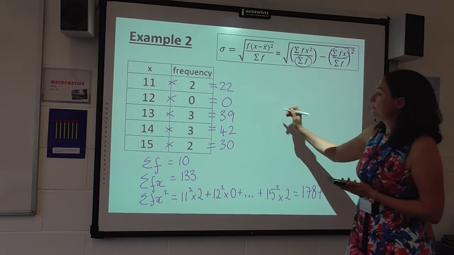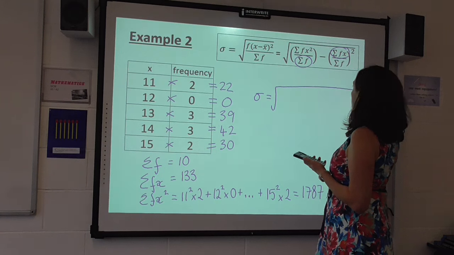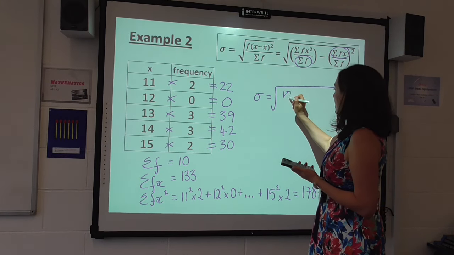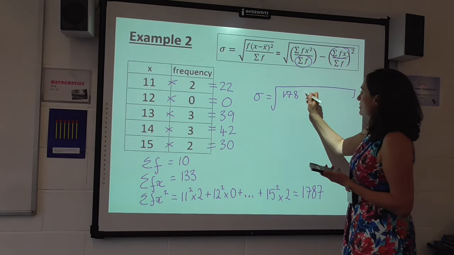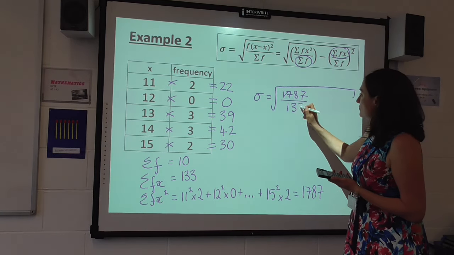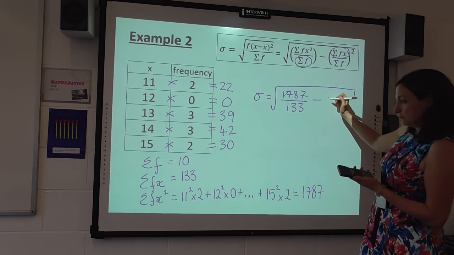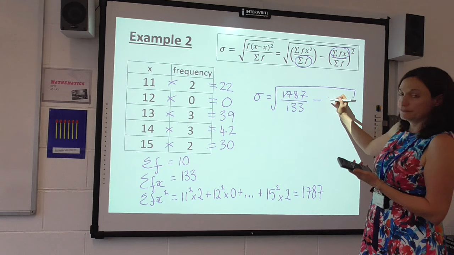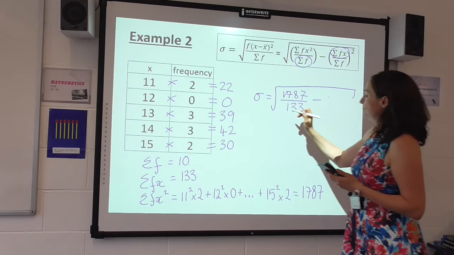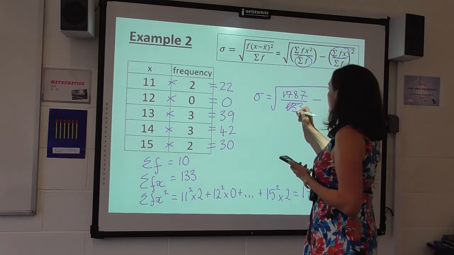So the formula, substitute in the values. Unintentional error. I'm not sure how to delete, so we'll just have to scribble.